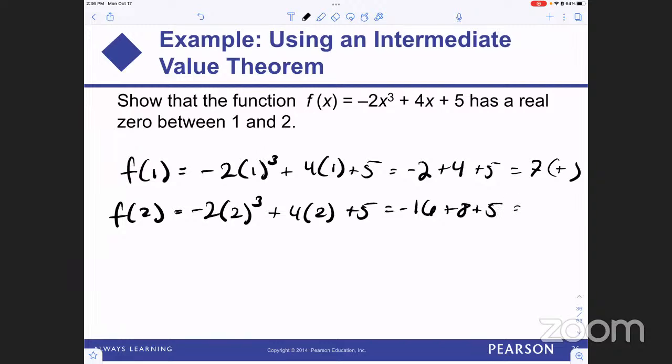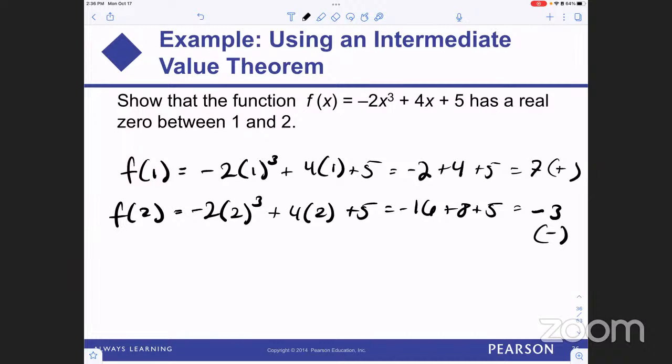I think that one's -11, is that right? 8 and 5 is what? 13. So -3. And notice that this one is negative. It's -3, right?